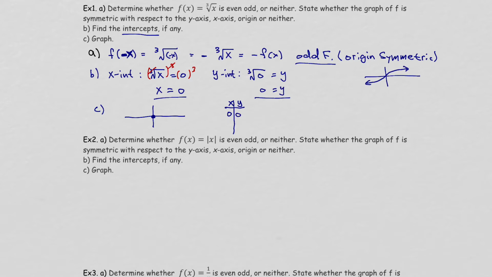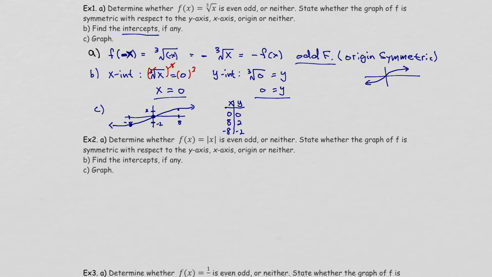What about if we replace x with 8 then? That's going to be 2. But if we replace x with negative 8, that's going to be negative 2. So when we use positive 8 and negative 8, we will get positive 2 and negative 2, somewhere here and somewhere there, right? Then since we know the shape of the graph, pass through those 3 points to graph the given f of x function.